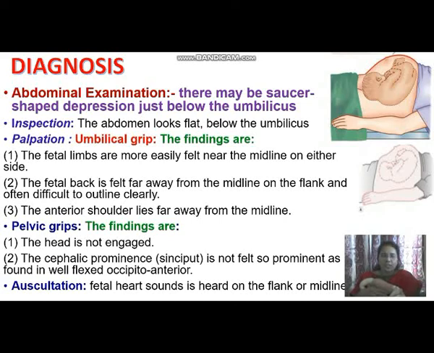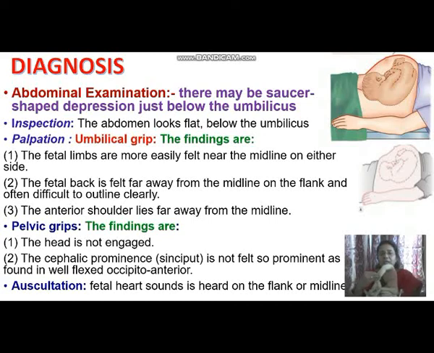Okay. Then auscultation: the fetal heart sound can be heard at the back or the flanks. Because the baby is lying like this, with the back on the side, we cannot hear the sound clearly.